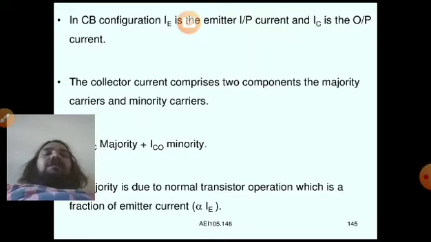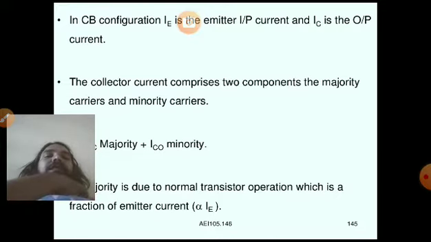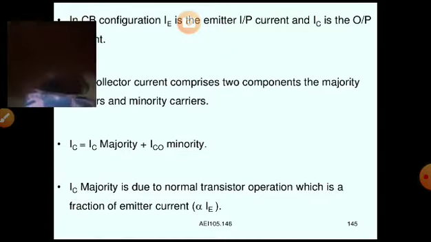In common base configuration, IE is the emitter input current and IC is the output current. The collector current has two components, majority carriers and minority carriers.